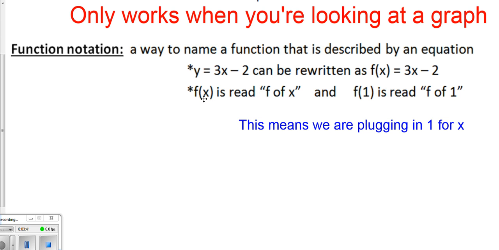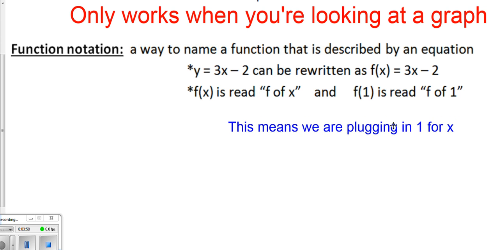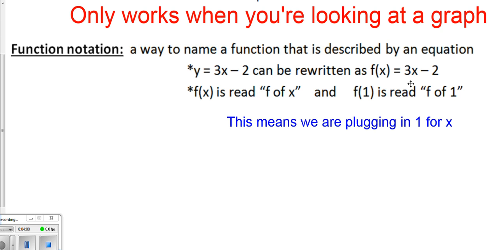We read f parentheses x as f of x. So if I were to plug in 1 for x, we would read it as f of 1, which means we're plugging in 1 for x. So f of 1 equals 3 times 1 minus 2. That's what each of these pieces mean.